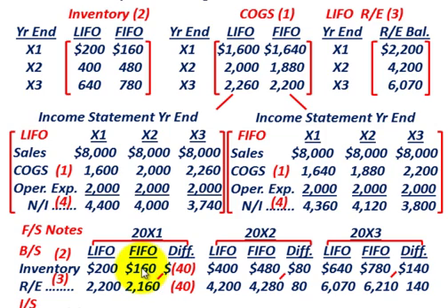Since we had a reduction in our inventory, that means we used more inventory under the FIFO method, and there was less remaining at the end of the period versus LIFO. We have a difference of 40,000, or 40. So we would subtract that from our LIFO retained earnings of 2,200, reducing it by 40 down to 2,160.